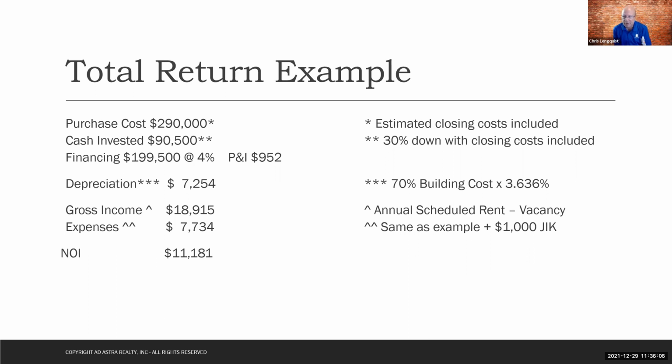Did you hear what I said? 30% down. I'm just going to take a stand here. If I'm representing you as an investor and you don't have a minimum of 20% down, I'm still kind of shaky on 25% down, because with 25% down you usually get a little bit better interest rate.